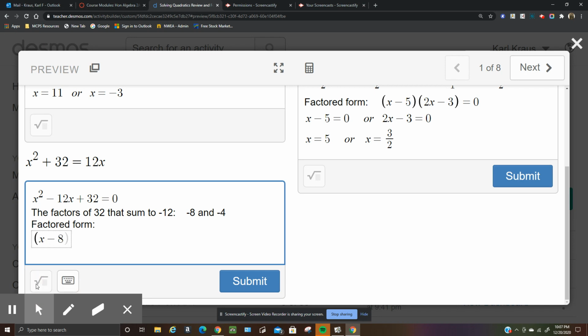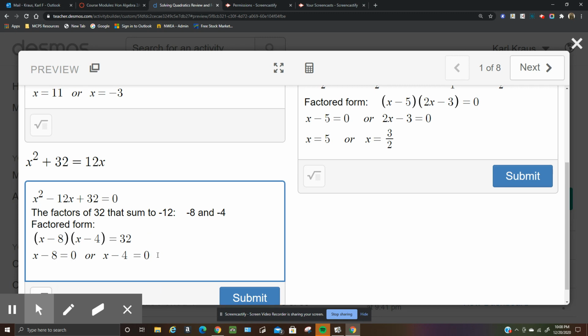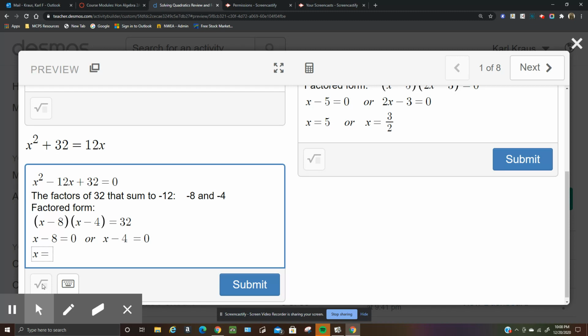X minus 8, x minus 4. Equate each factor to 0. X equals 8 or x equals 4.